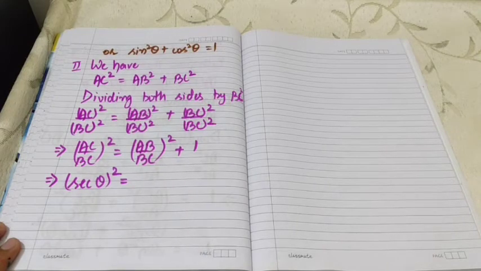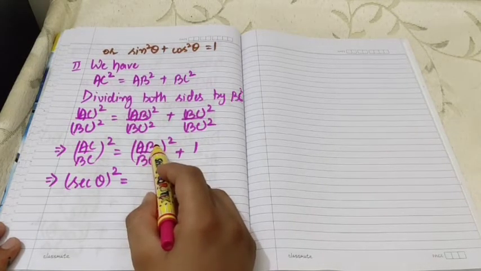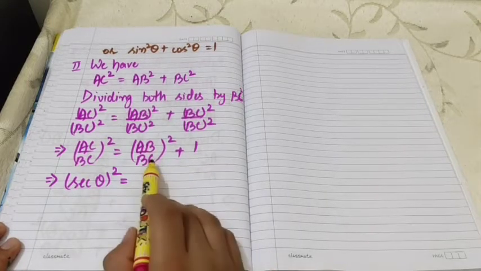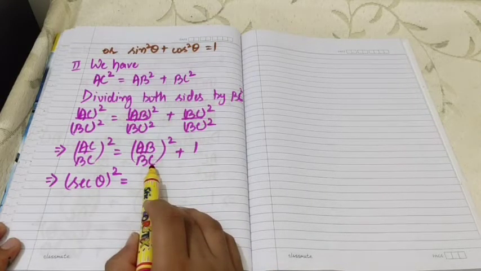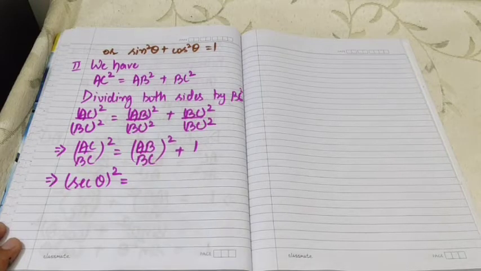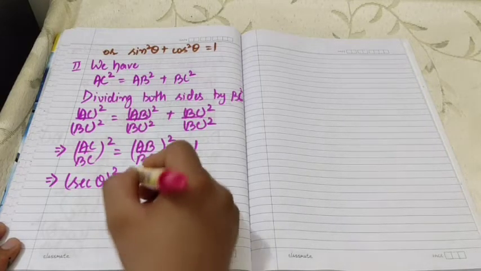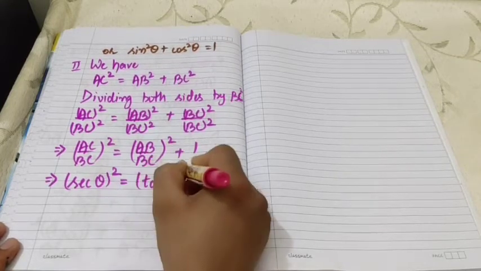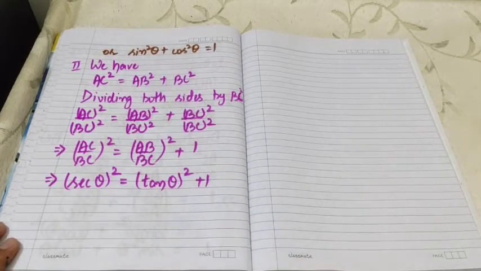Similarly, AB is the opposite side with respect to theta and BC is the adjacent side with respect to theta, and the ratio of opposite side to adjacent side is tan of theta. The whole square will remain as it is, plus 1.